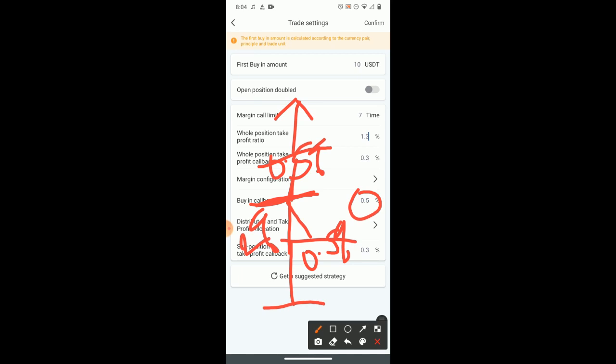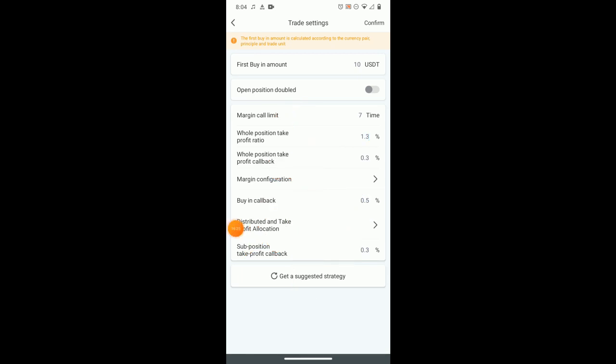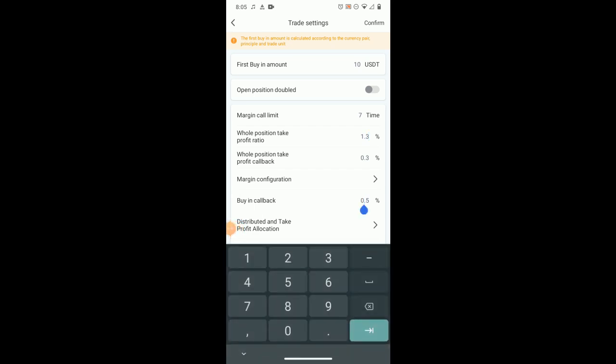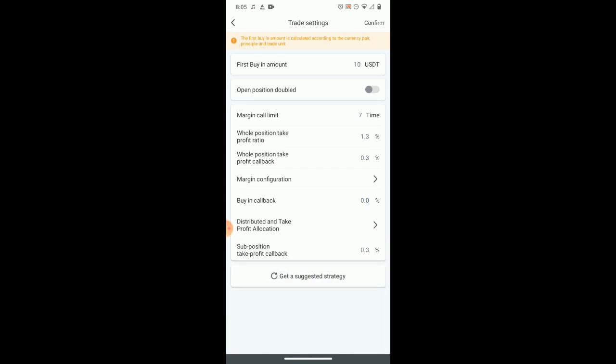But in my own case, I don't want it that way. Why should I wait for the trend to go 0.5% before I enter the trade? I've just left some money away. So what I do is I edit this part and I put it at 0. That's for me, but you may not want to do that.